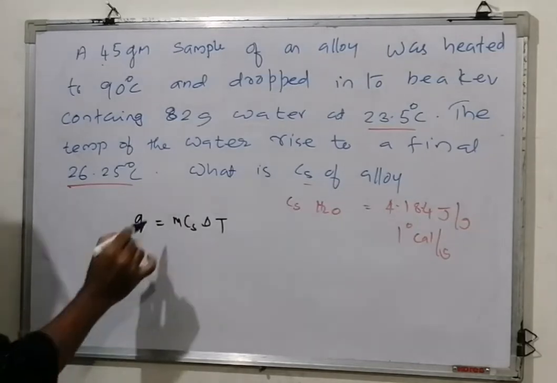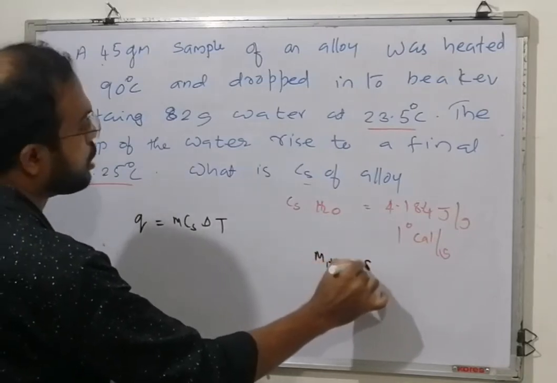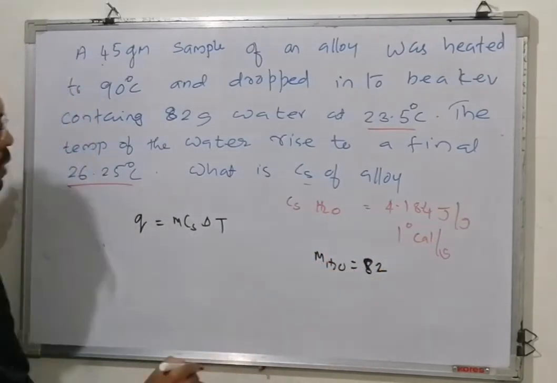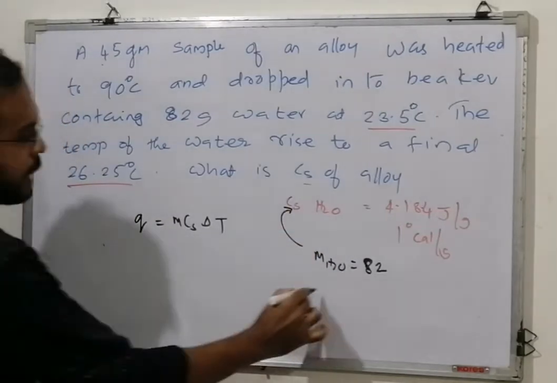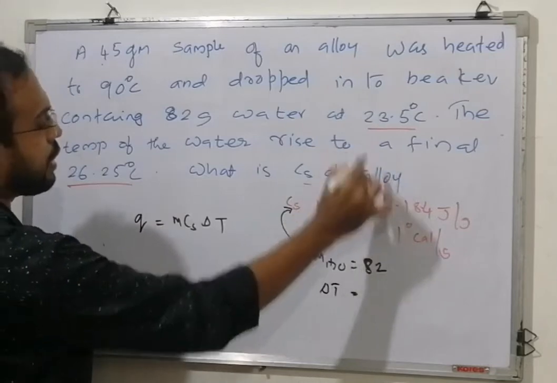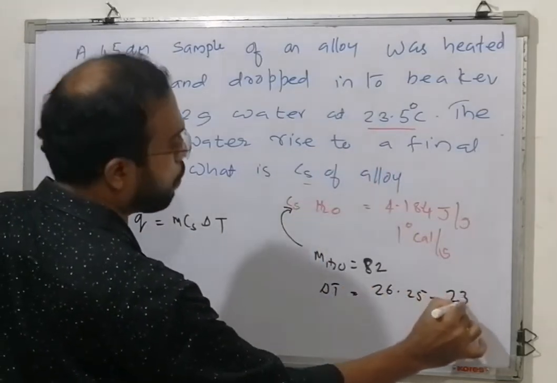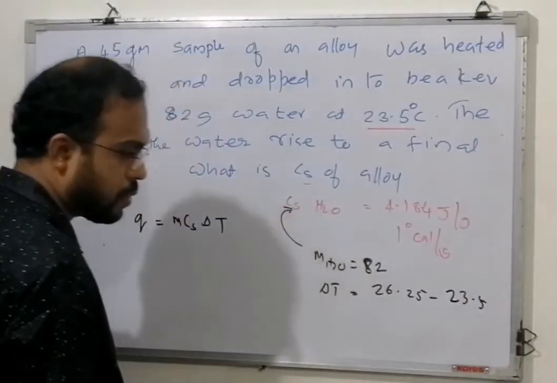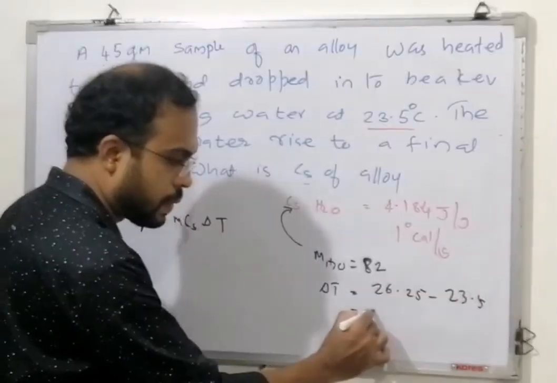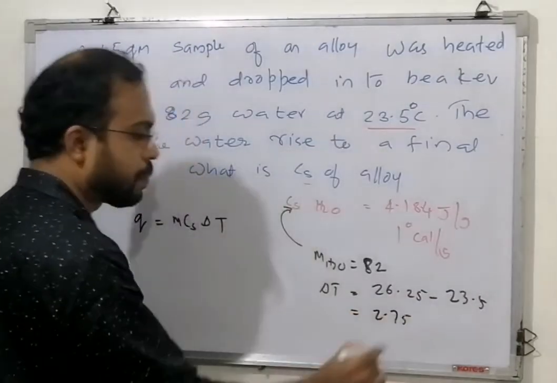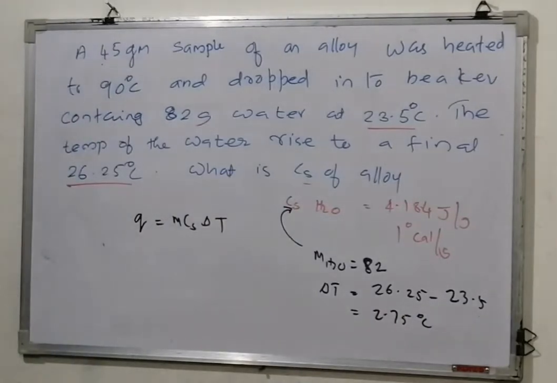But in the case of water, the mass is 82 grams, Cs has been given, and delta T is also given. What is the delta T? 26.25 minus 23.5, that is 2.75 degree centigrade.